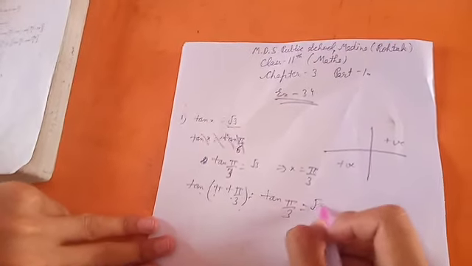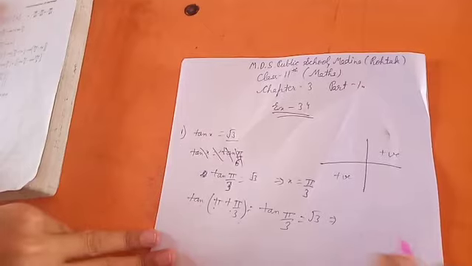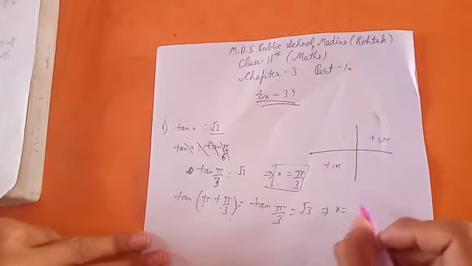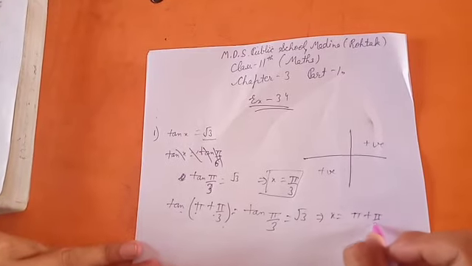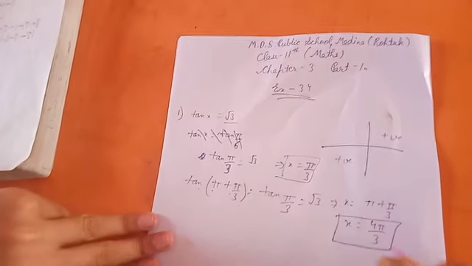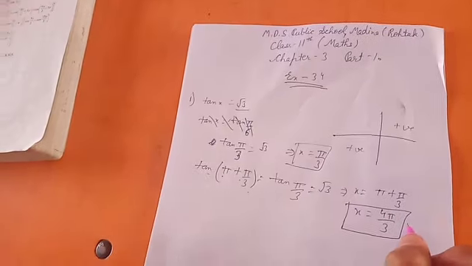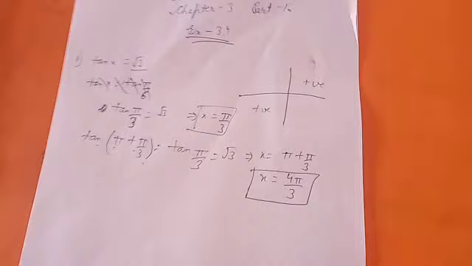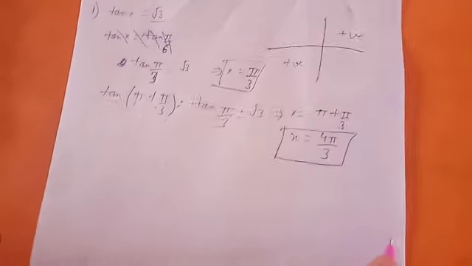That means again it is root 3. So from here what we get? That x is, one is pi by 3 and another is pi plus pi by 3. Then x will be 4 pi by 3. Okay. So these are our principal solutions.